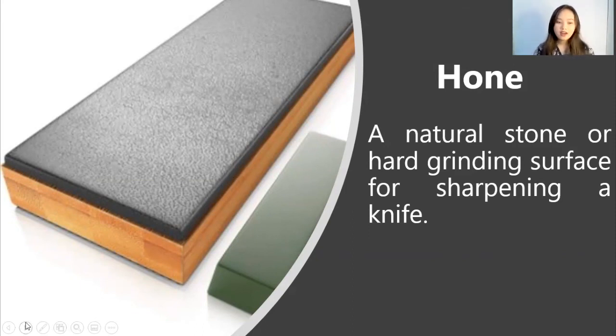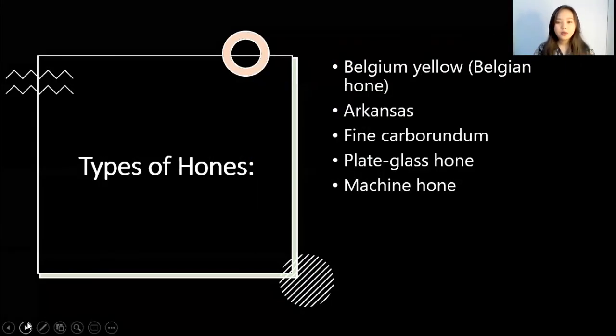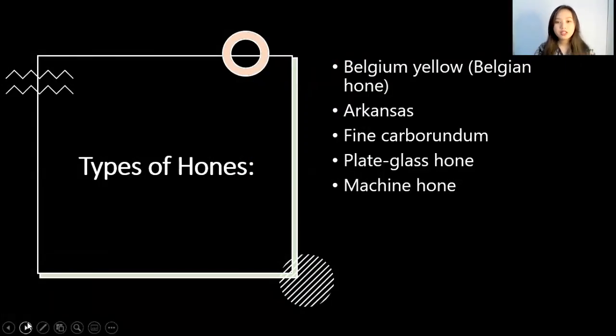And there are actually different types of hone that we'll be studying today. So, these are the different types of hone. The first one is the Belgium yellow or the Belgian hone. Second is the Arkansas. Third is the fine carborundum, the plate glass hone, and the machine hone. So we'll be tackling this one by one.